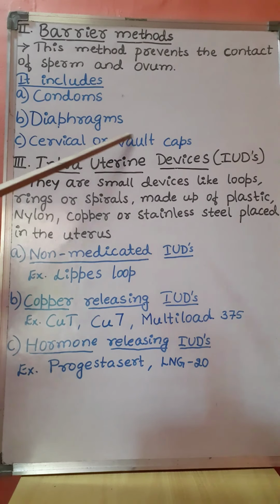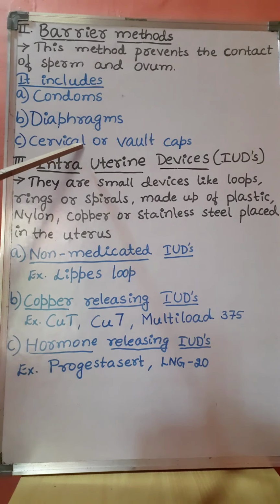Thereby the cervical caps prevent the sperm from reaching the uterus, preventing the contact between sperm and egg. It prevents the passage of sperm through the cervix into the uterus.